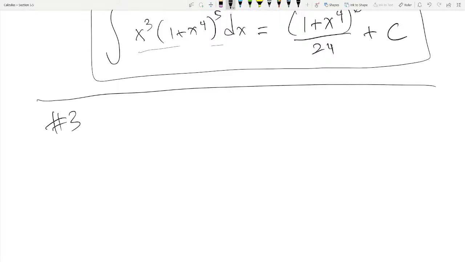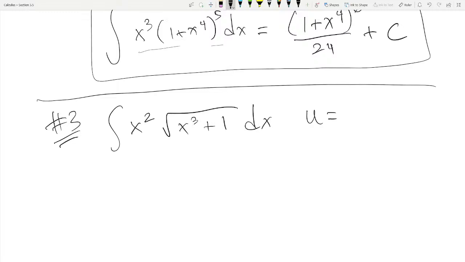Okay, number 3. Okay, we have x squared square root of x cubed plus 1 dx. And they make the lovely suggestion that u should be x cubed plus 1. Okay, well, what's the idea here?